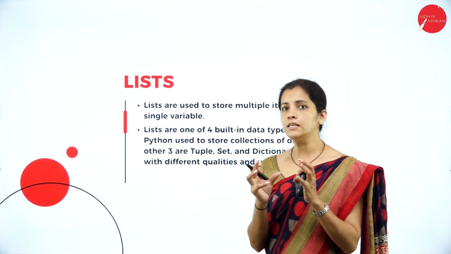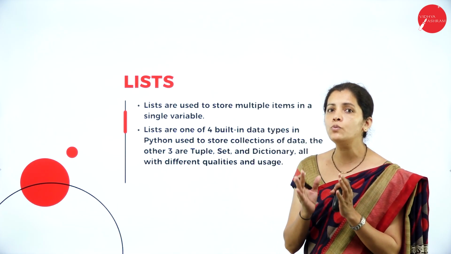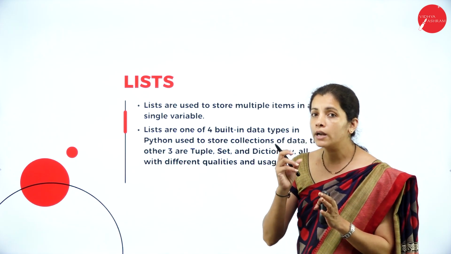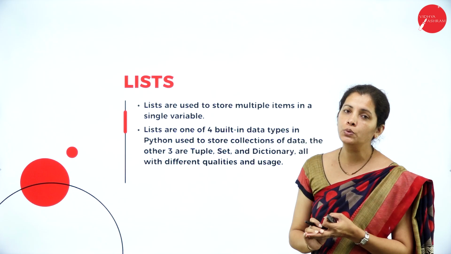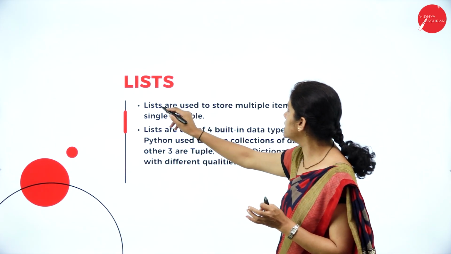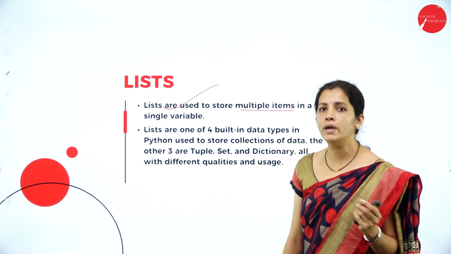So what is a list? Think that I have a collection of elements or a group of elements. To represent or to store these elements, I'm going to use a list. So a list is used to store multiple items in a single variable.